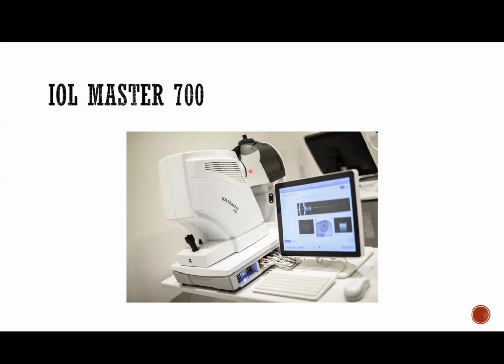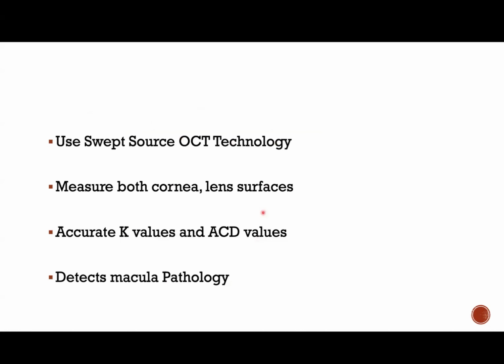It is again a non-contact optical biometry, but it uses the newest technology, swept source OCT. It can measure both the anterior and posterior surfaces of the cornea, and both the anterior and posterior surfaces of the lens, and it gives very accurate K values and anterior chamber depth values.